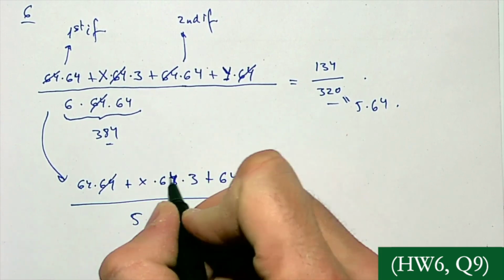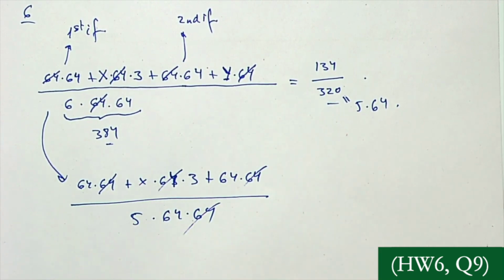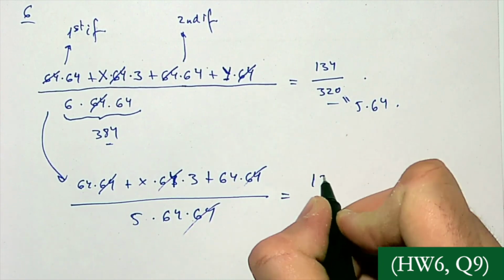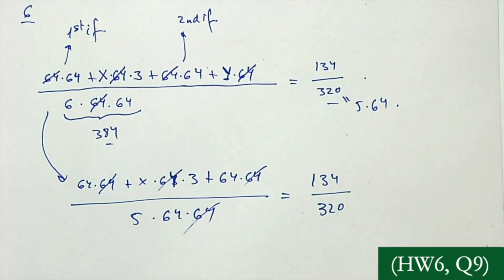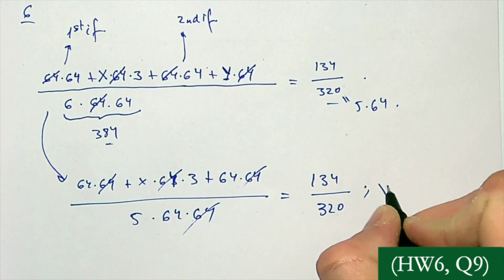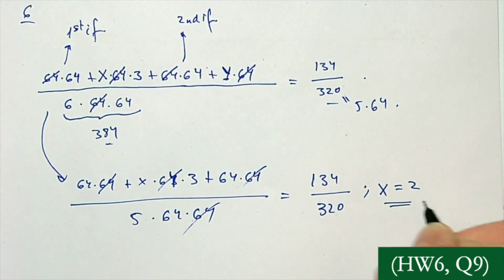And again, I get rid of this 64, and this is equal to this. And from here, you will find that X is equal to. Okay?